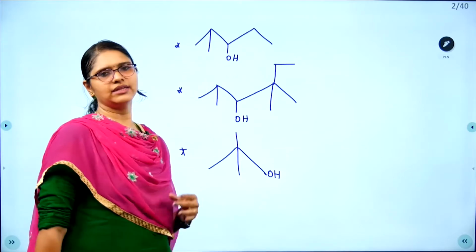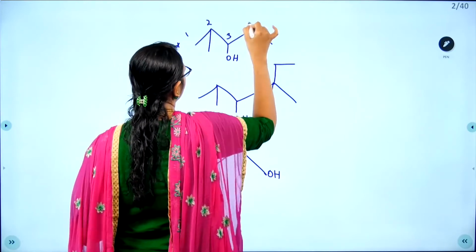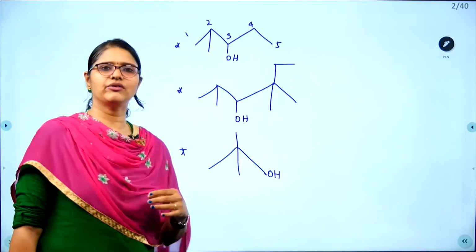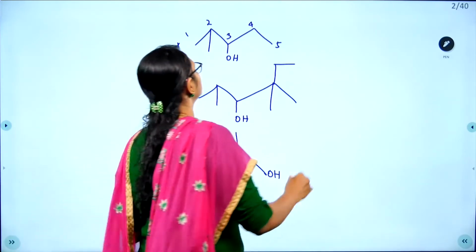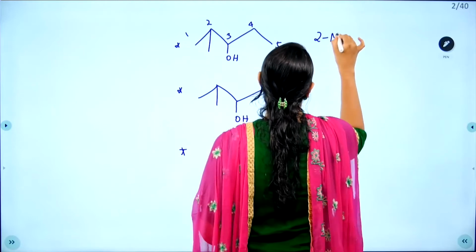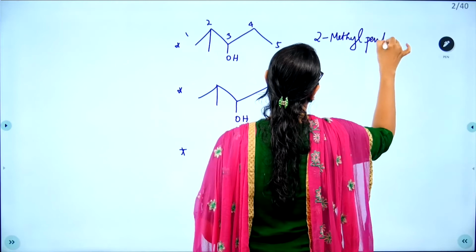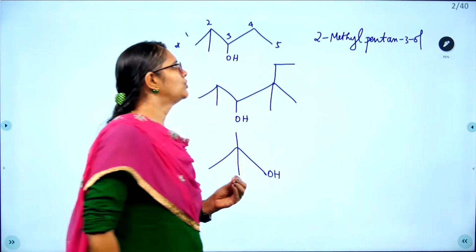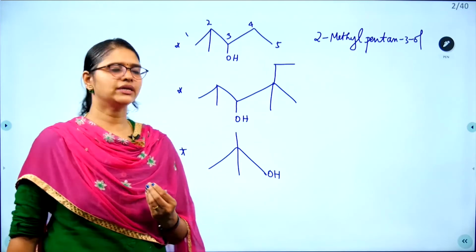Here you should select the longest carbon chain again, 1, 2, 3, 4, 5. In the second carbon atom you have a methyl group, and in the third carbon atom you have an OH group. So it is 2-methylpentan-3-ol.